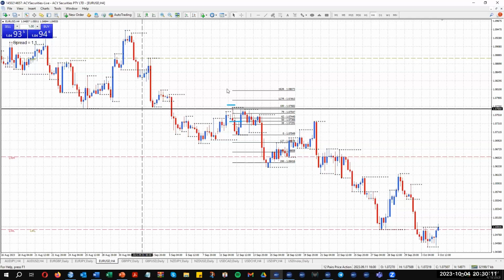I'll get rid of my lines that I've drawn in. It forms, not perfect, but some form of a little dip down here before we run back up.